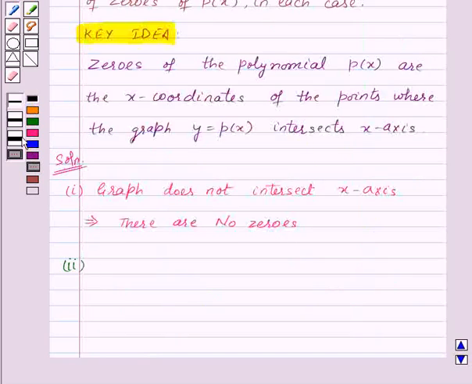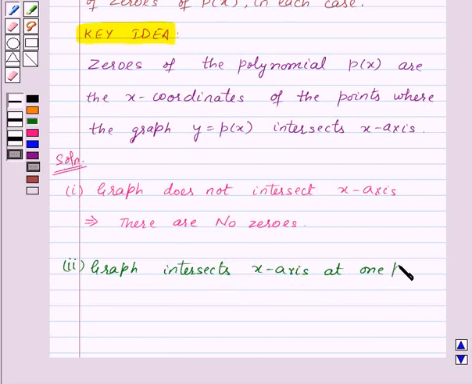So here we will write graph intersects x-axis at one point. So according to the key idea, this implies the number of zeros is 1.